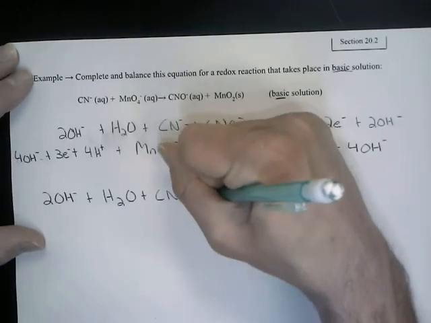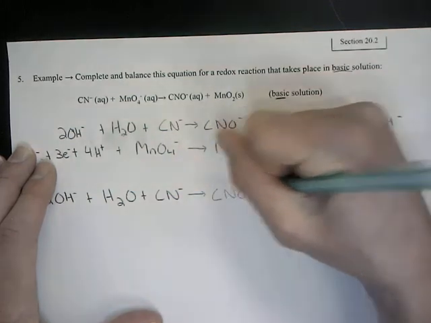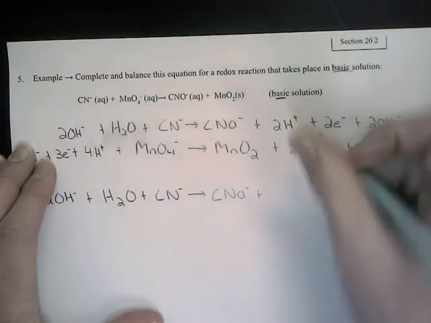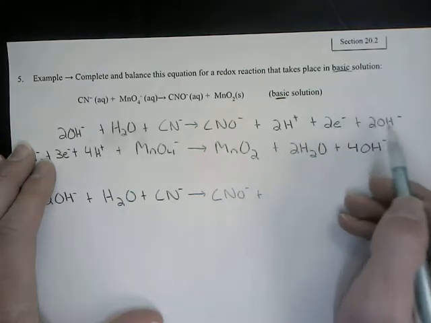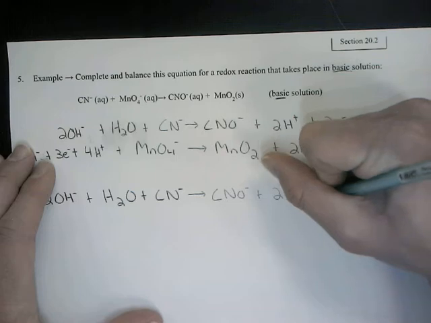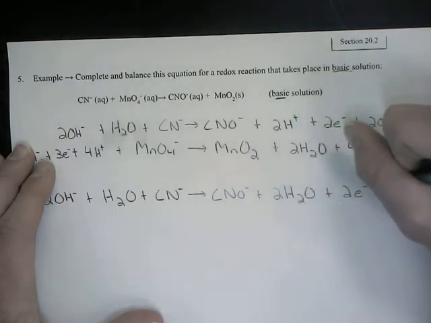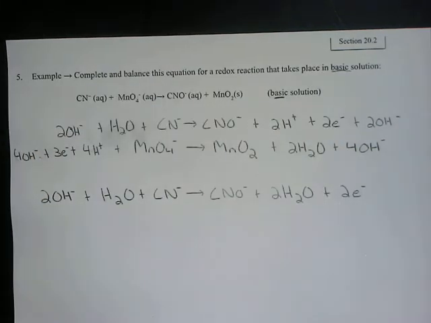Nothing changes on the left. And now you can get CNO minus plus our H plus and our OH minus. They're equal, and they balance out together to H2O and then plus 2 electrons. So that makes it a little bit cleaner, a little bit nicer to work with.